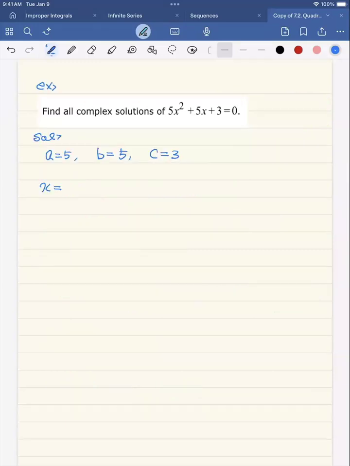In the next example, we have to find all complex solutions of the quadratic equation 5x squared plus 5x plus 3 equals 0. Here a equals 5, b equals 5, and c equals 3.